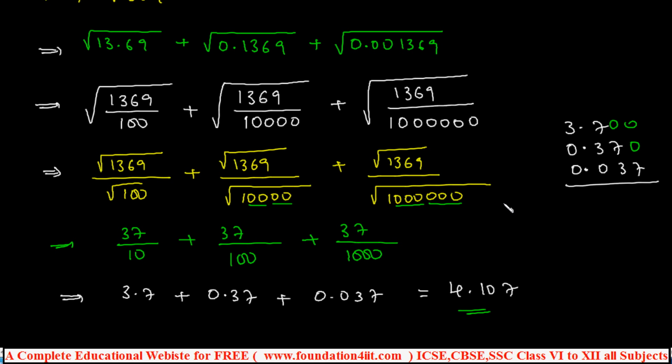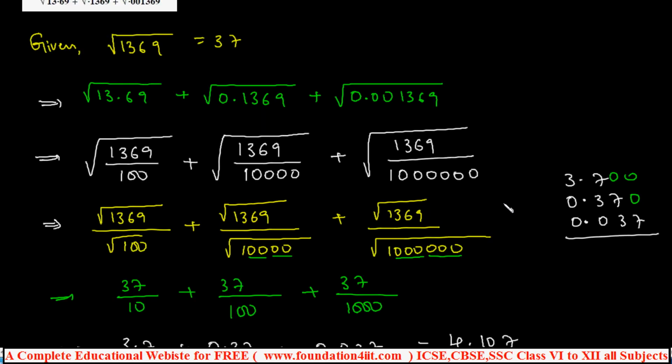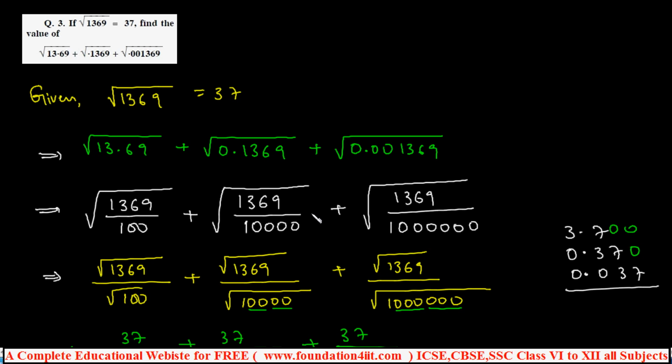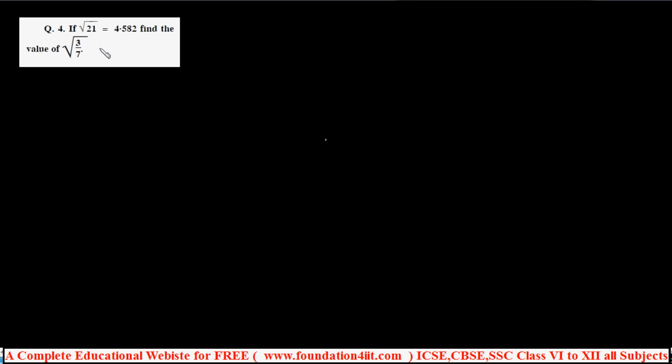Just convert into fractions and simplify in case of any problems like this. With the same concept, let us see one more sum. In this question, if the square root of 21 is equal to 4.582, already given, we need to find the value of the square root of 3 by 7. The root 3 and root 7 values are not given, but root 21 is given, so from the given data only we should find what we require. 4.582 is the value of the square root of 21.